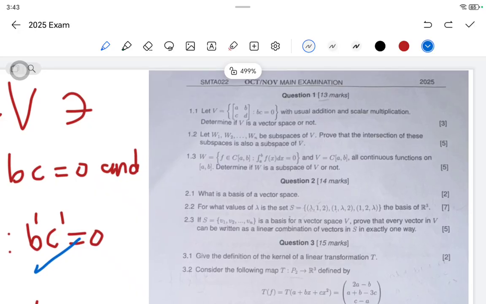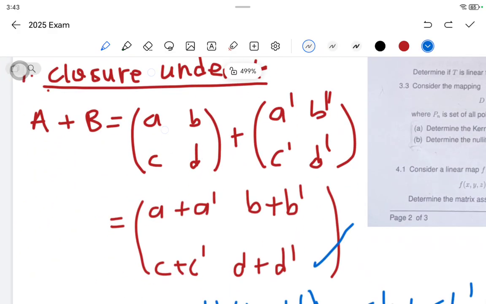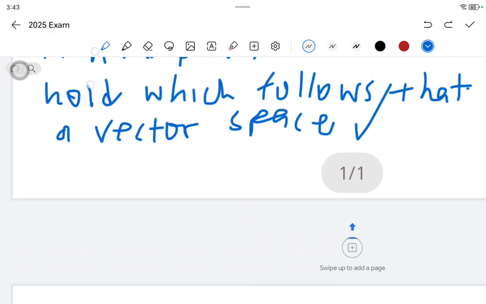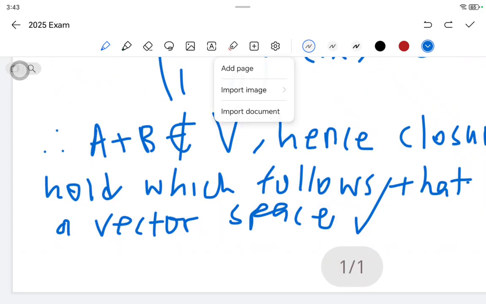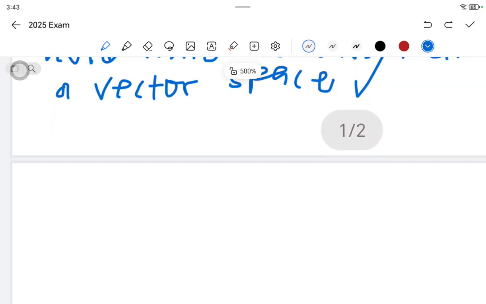So they say let W1, W2 up until Wn be subspaces of V. Then they say prove that the intersection of these subspaces is also a subspace of V. So first of all, what they want us to prove is this. This is 1.2.